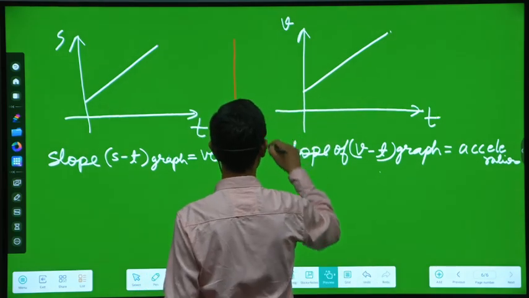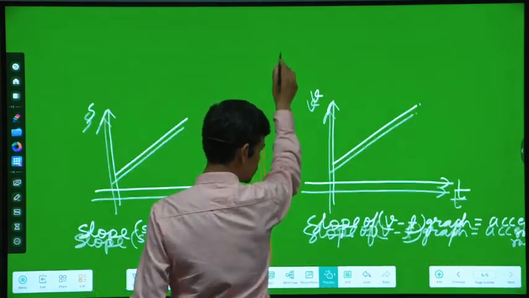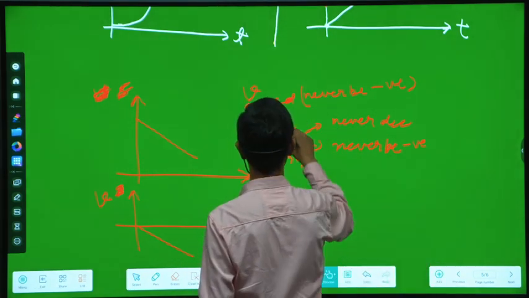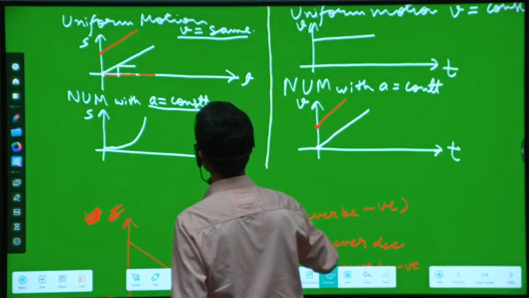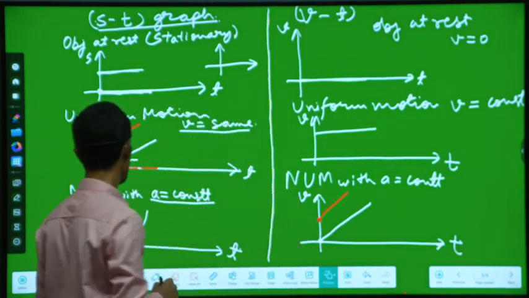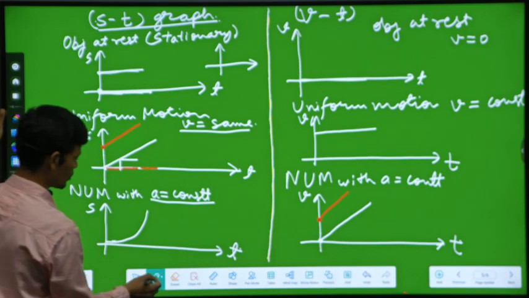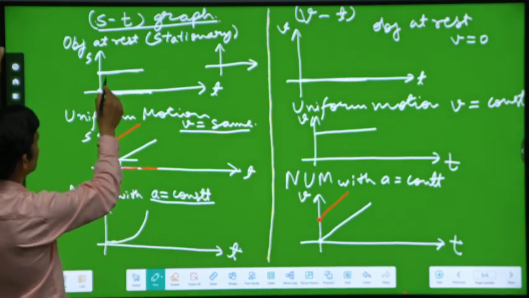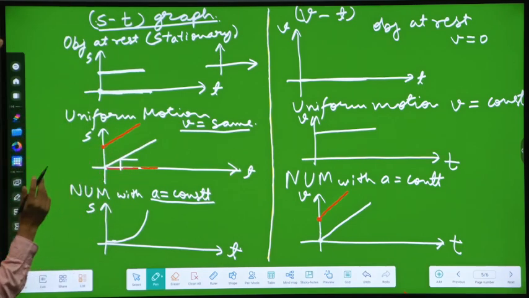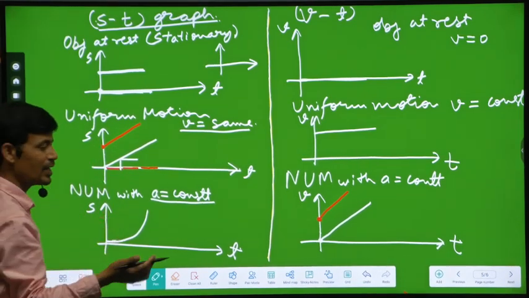Coming back to the previous topic, now apply the same concept here. The slope of this is just a straight line, not a slant line.